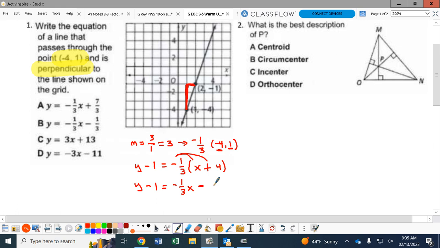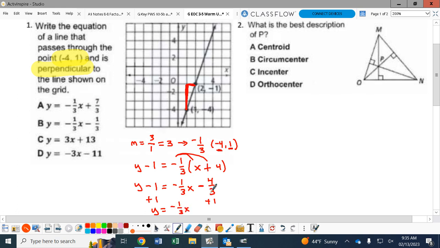Okay, guys, you're going to type -1 fraction button 3 times 4 equals. Now it's going to be a mixed number, so you have to do second fraction button equals. Should give you -4/3. Good. Don't erase it because we got that in the calculator. Now we need to add 1, and we're going to get y equals -1/3 x.